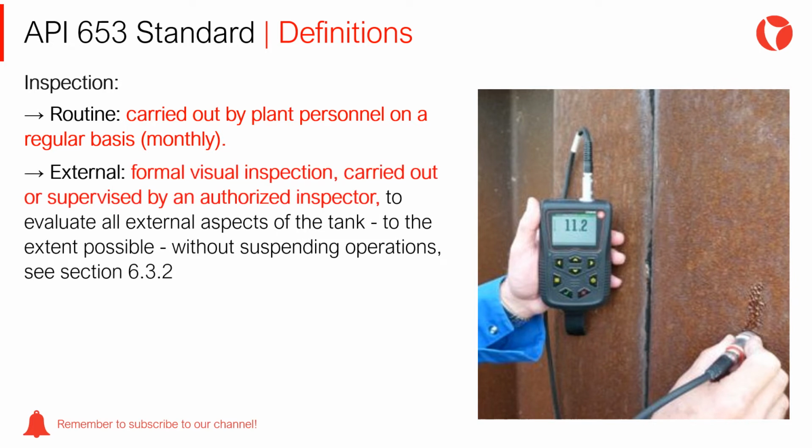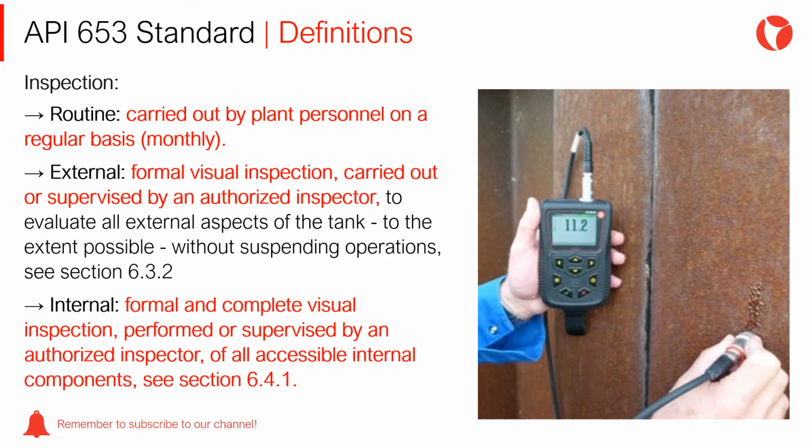External inspection is a formal visual inspection carried out or supervised by an authorized inspector in order to evaluate all external aspects of the tank. Internal inspection is a formal and complete visual inspection performed or supervised by an authorized inspector of all accessible internal components.